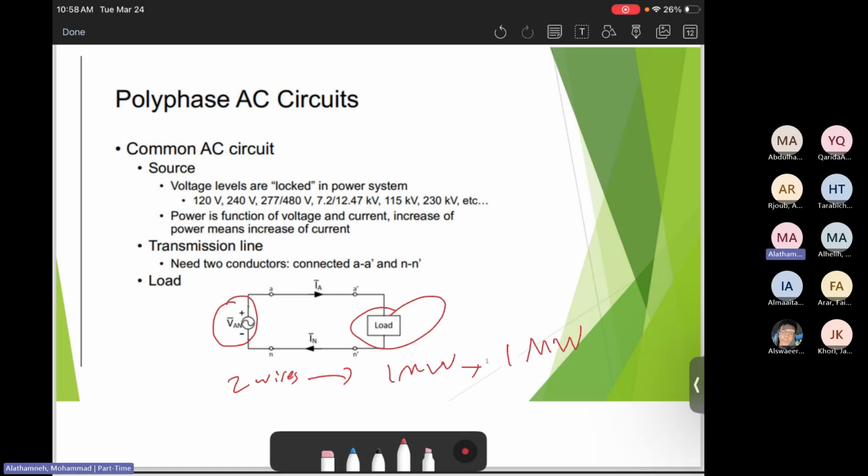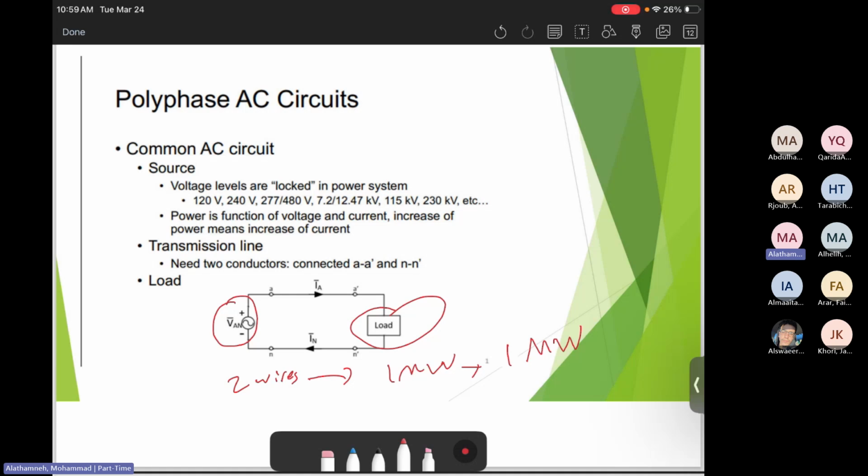Assume we need to use 2 megawatts, or the load has been changed to be 2 megawatts. The current system capacity cannot handle more than 1 megawatt. So what should I do? One of the options is to replace the existing power line by another power line that can handle more current, but this one is costly.